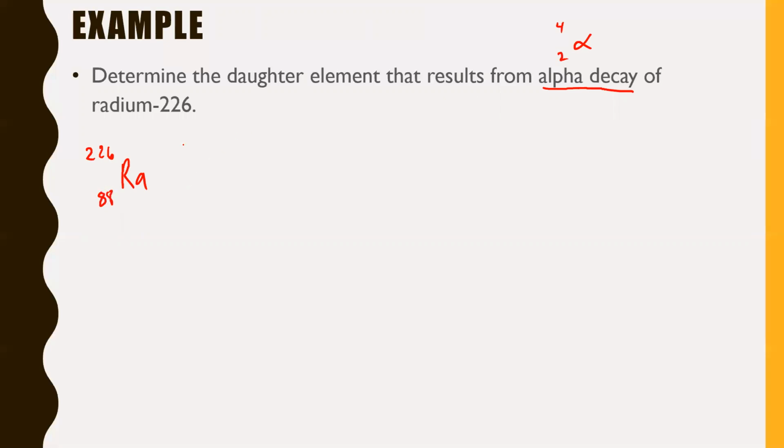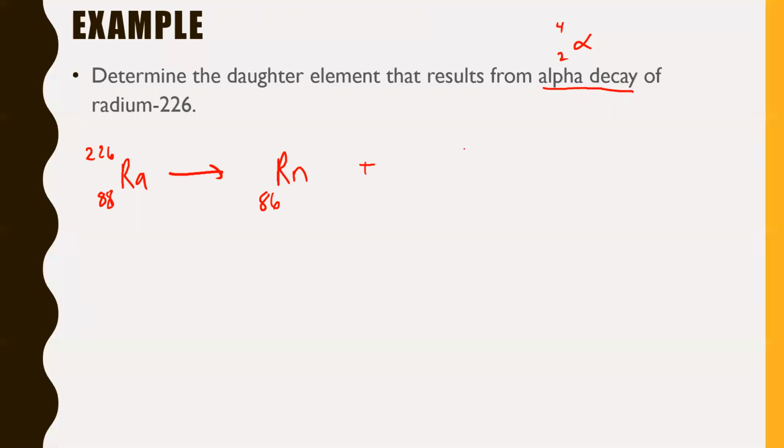It's going to undergo alpha decay, which drops our proton number by 2. On your periodic table, we're looking for something that has an atomic number of only 86 rather than 88, right? So find it on the sheet. You're going to find it's actually radon, on the right-hand side, which has 86.